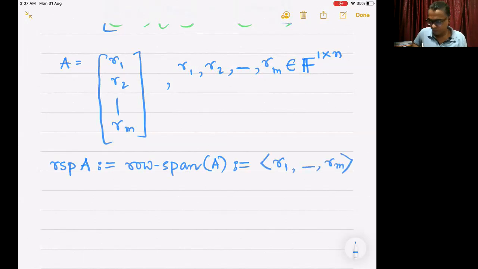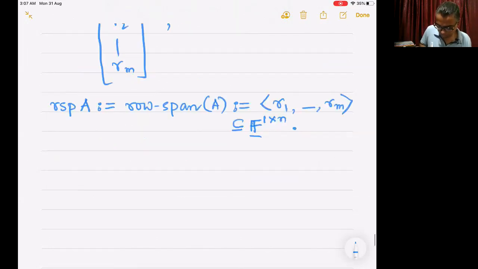It's going to be a subspace of F1 cross N, the space of rows of numbers coming from the field F, rows having size n.